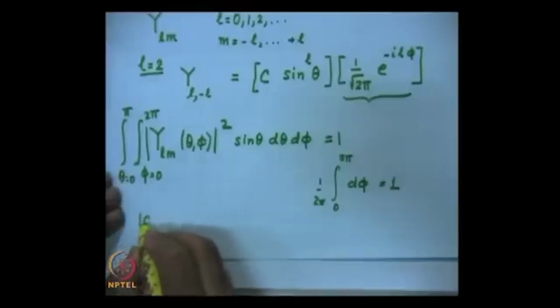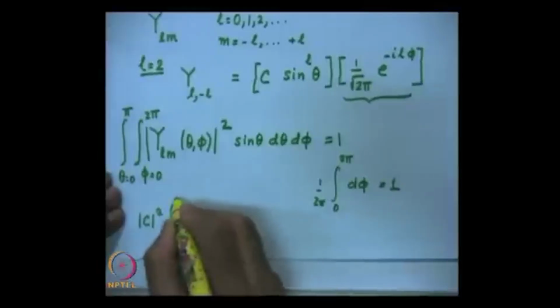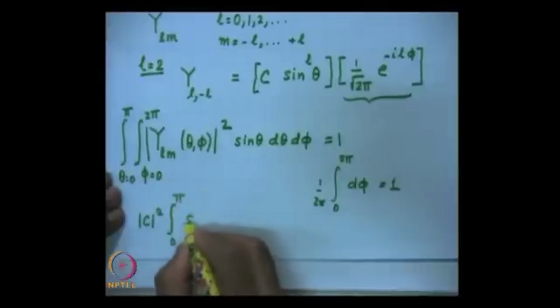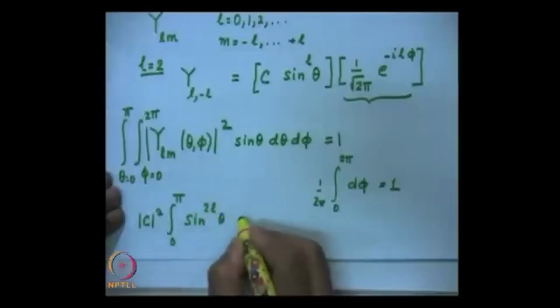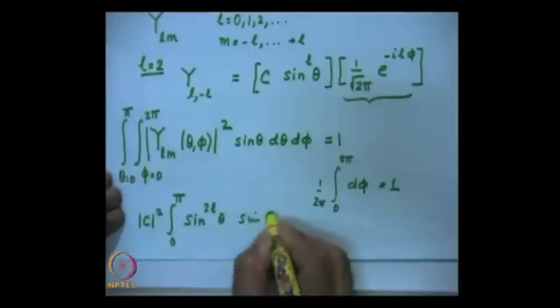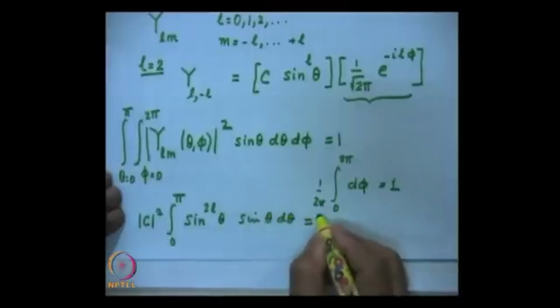Therefore, the normalization condition becomes mod C squared, integral from 0 to pi of sine of 2L theta times sin theta d theta, and this should be equal to 1.